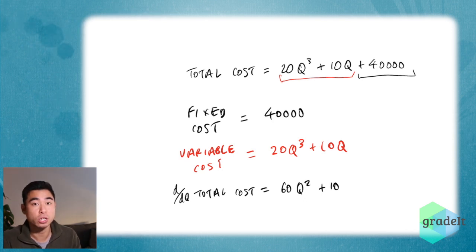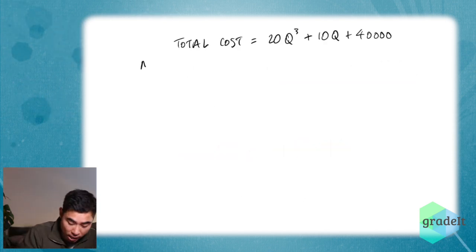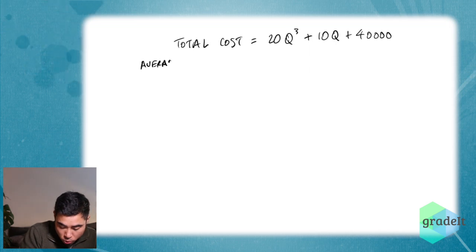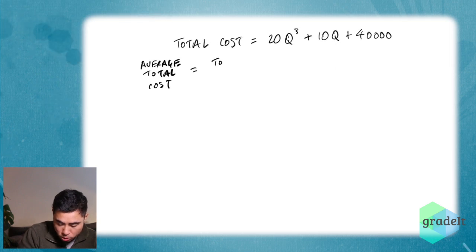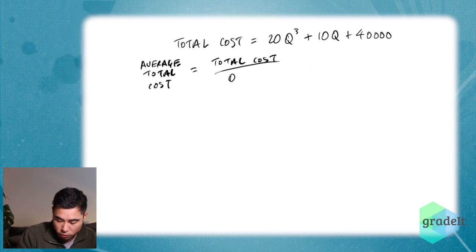Okay, so the next question asks us to work out average total cost as an expression. So average total cost, remember, is your total cost divided by quantity.